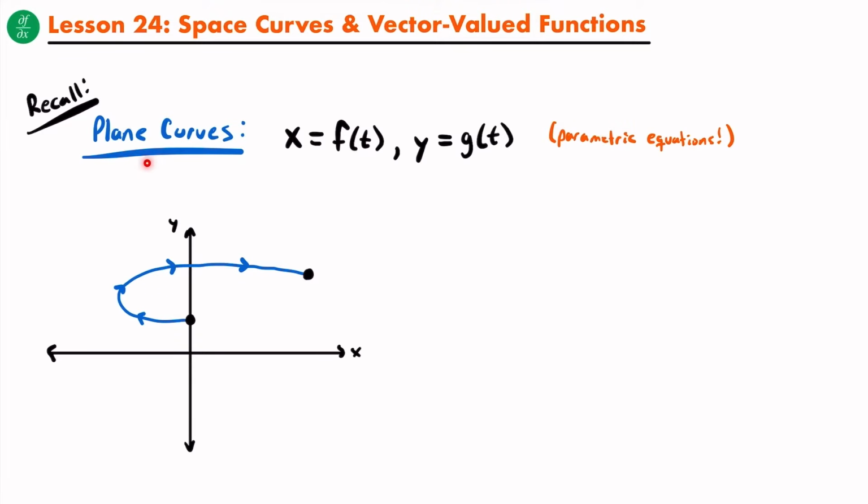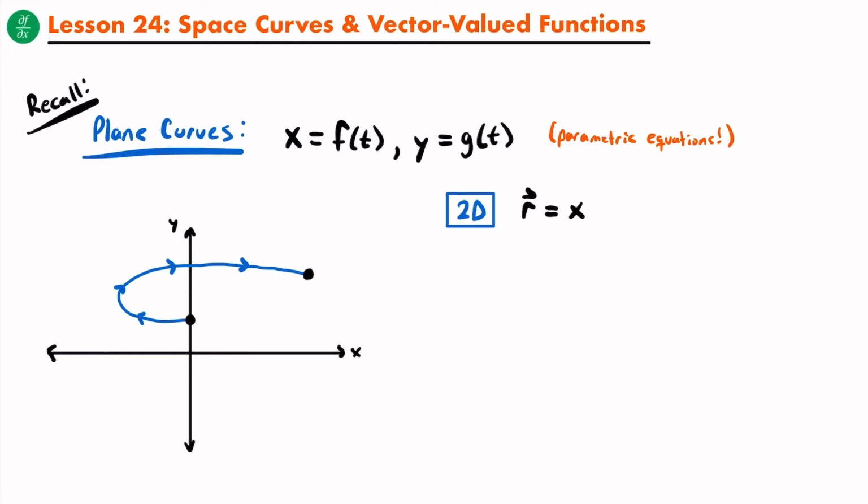We talked about plane curves and parametric equations in Calculus 2, but now what we want to do is connect this idea to vectors. Remember that in 2 dimensions we can define a vector like this. Let's call our vector r. If vector r is a vector in 2 dimensions, it will have both an x component and a y component. So we would write that like this.